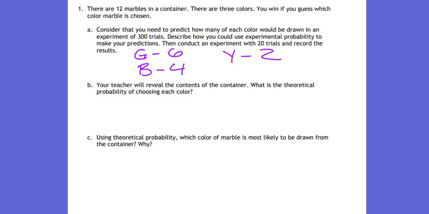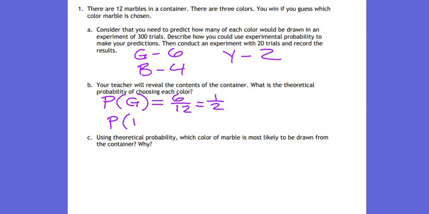Okay, on B it says, what is the theoretical probability of choosing each color? So the probability of choosing a green: how many green are there? 6. 6 out of how many total marbles? 12. So the probability of that is 1/2. I appreciate those that are writing this down like they're supposed to.